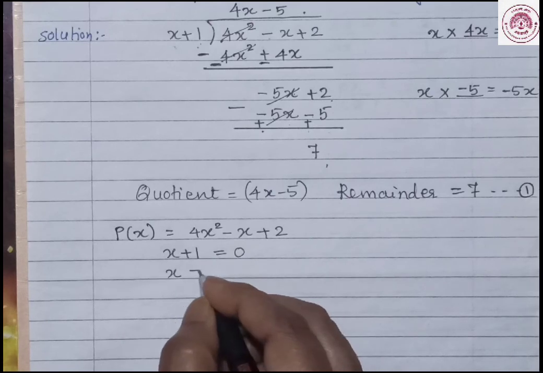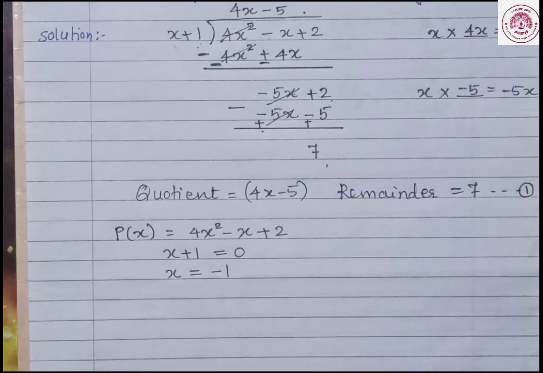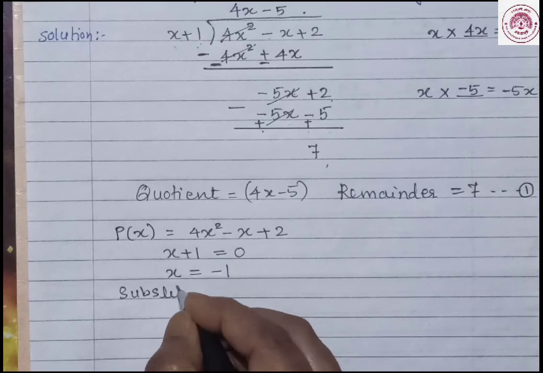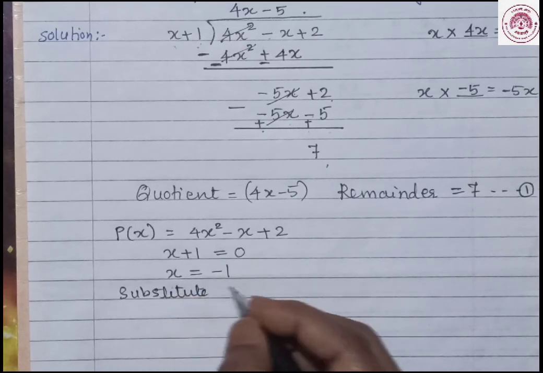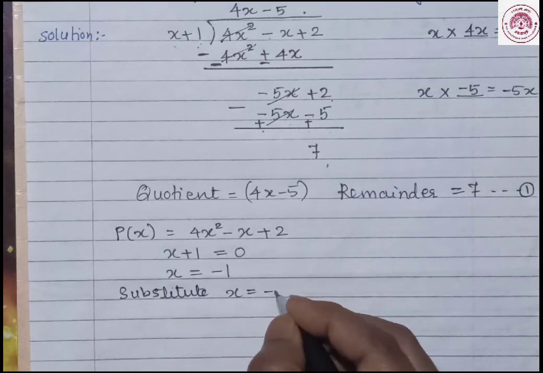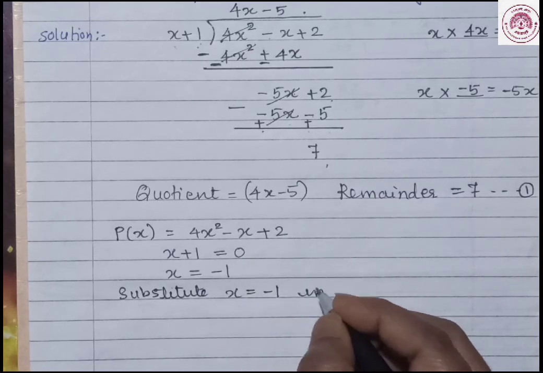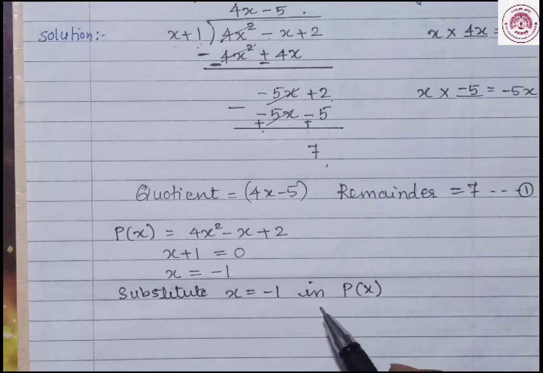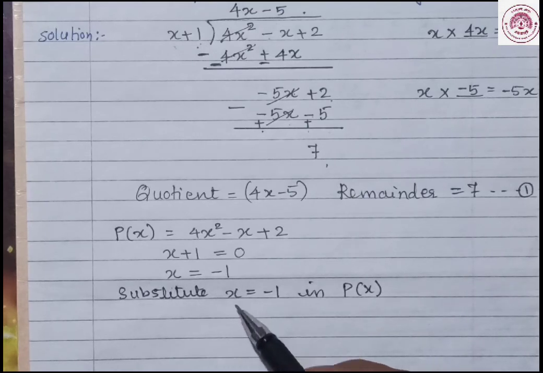So x is equal to negative 1. Now we will substitute x equal to negative 1 in p of x, so that we can find the value of the polynomial for x equal to negative 1.